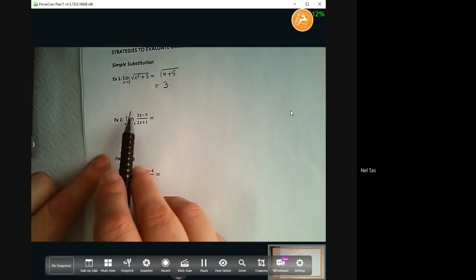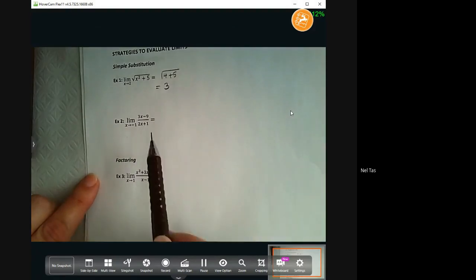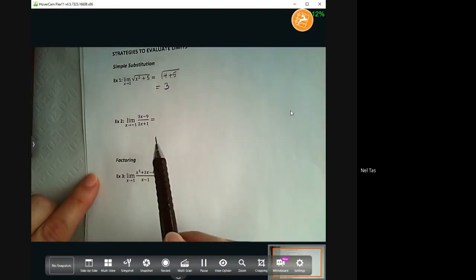Let's say you have a rational function. Yes, this function is discontinuous at the vertical asymptotes, true, but it is continuous at other places. So again, when you substitute negative 1, if you don't get 0 for the denominator, then that is just fine.